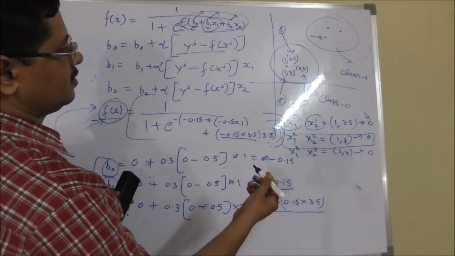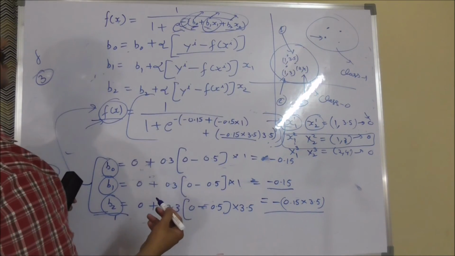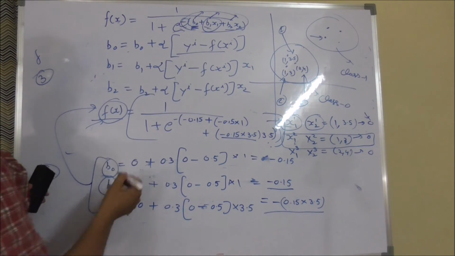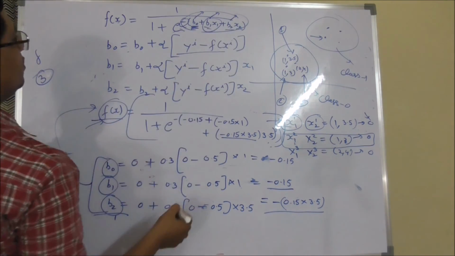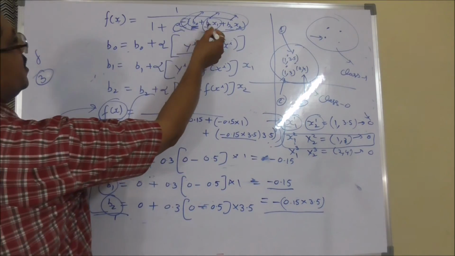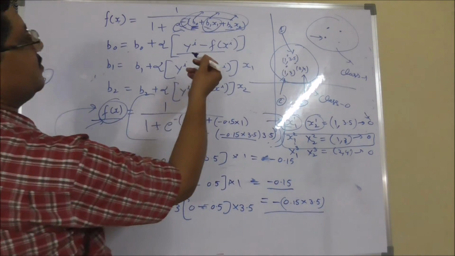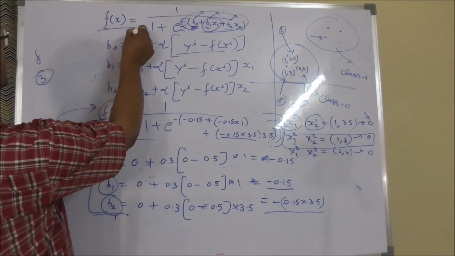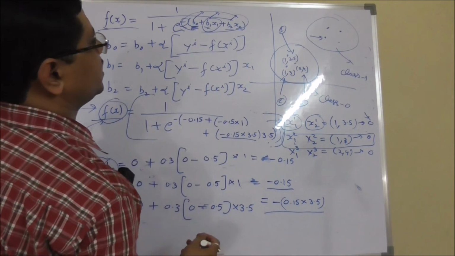and after repetition through all the training data set, we will have some effective b0, b1 and b2 values, and after getting b0, b1, b2 effectively, we can easily predict the class for any given x1 and x2.